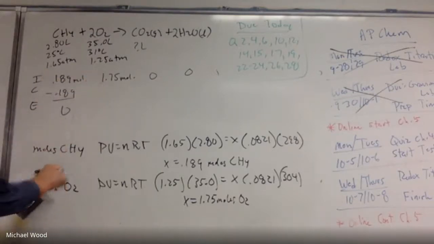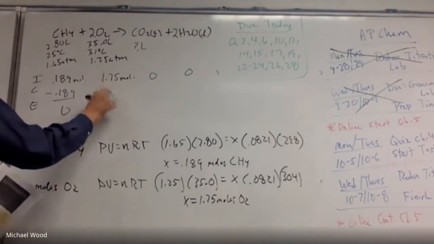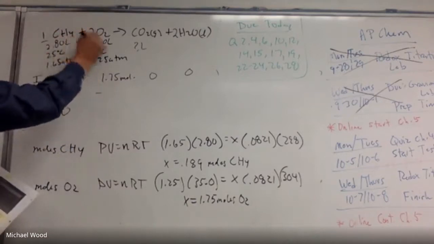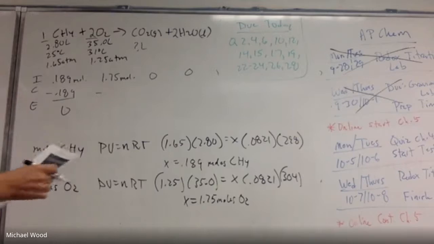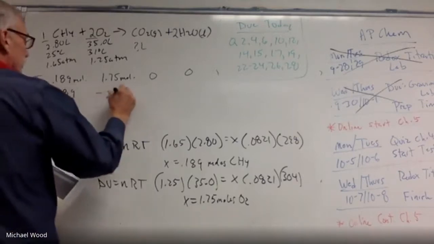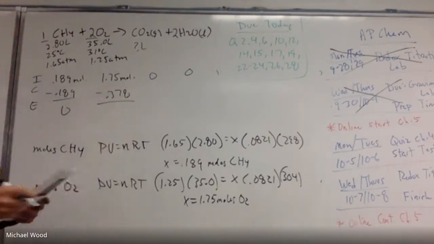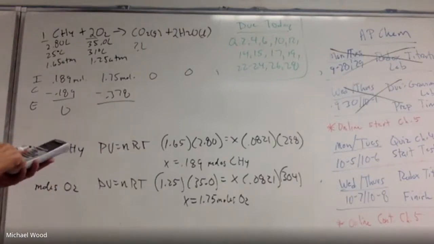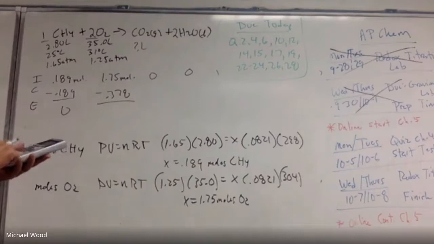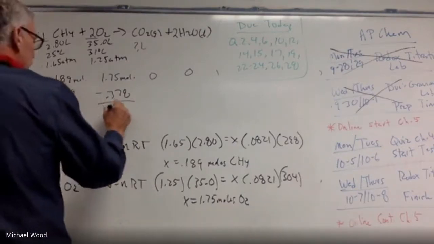It's smaller. Okay, so then the amount used here, because it's 1 to 2, I'm going to take 0.189 times 2, which is 0.378. So I'll take 1.75 minus 0.378. I'll go 1.372.